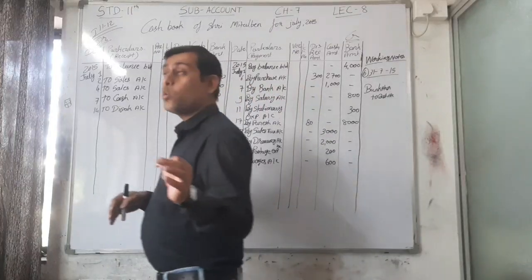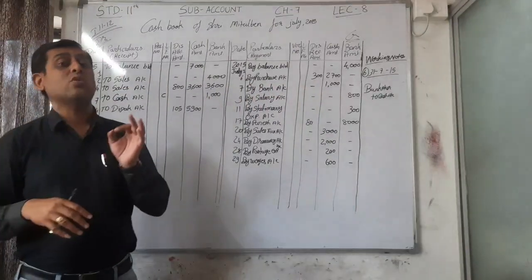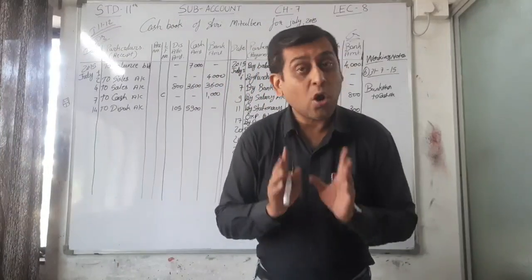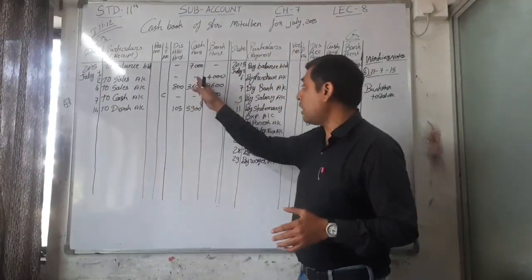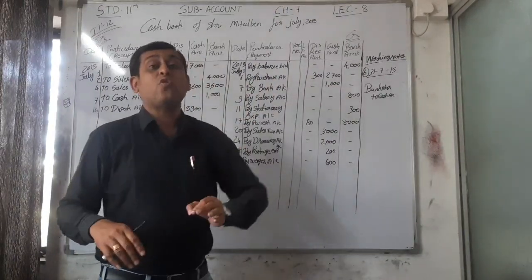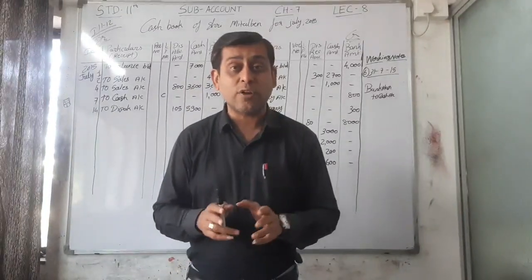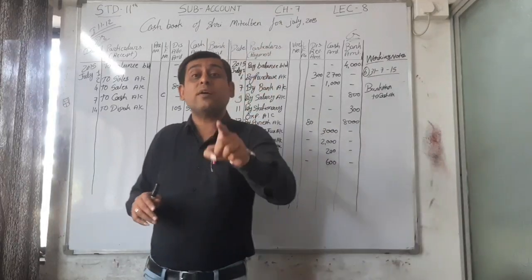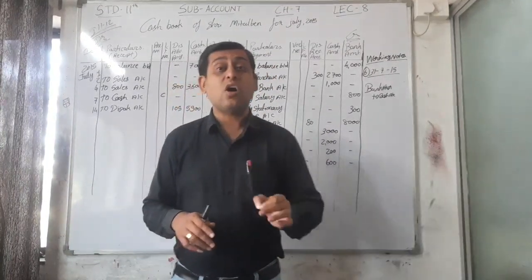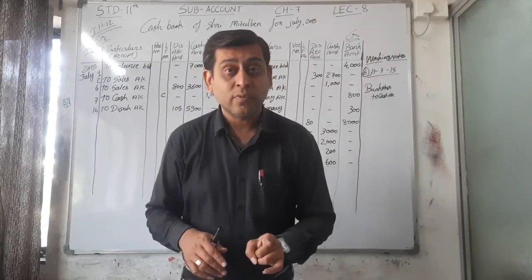On the cash book the debit side total of cash is always higher, compulsory. So we have to find the difference between the debit side total and the credit side total, including the closing balance. Here the closing balance of cash is given.